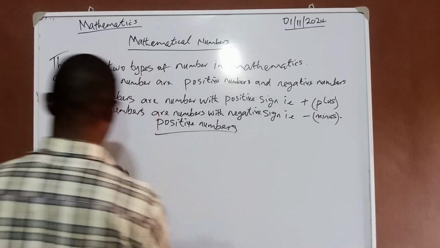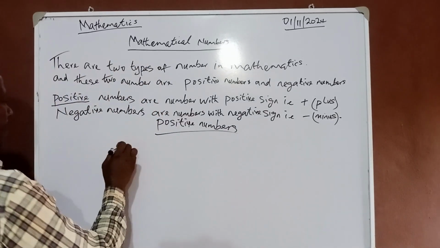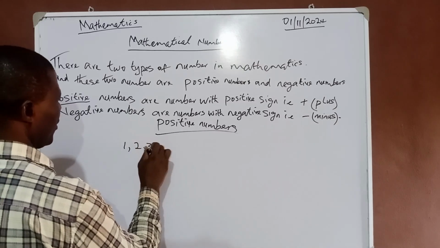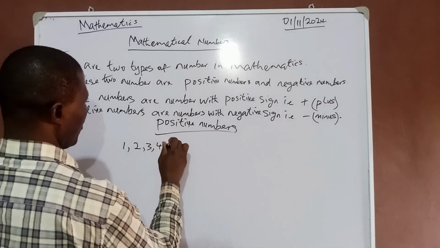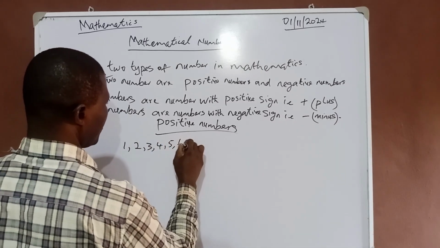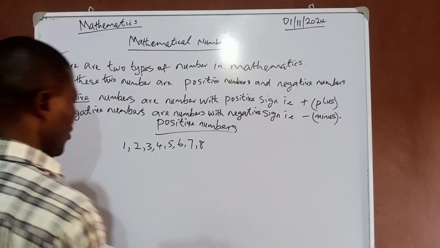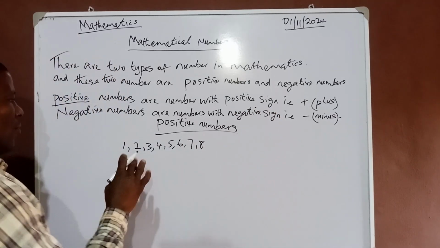And positive numbers are numbers like 1, 2, 3, 4, 5, 6, 7, and 8. You can go on and on, etc.